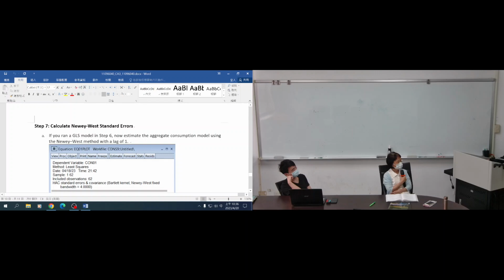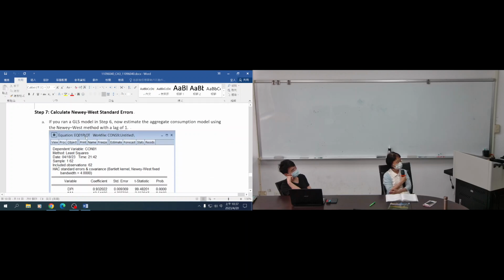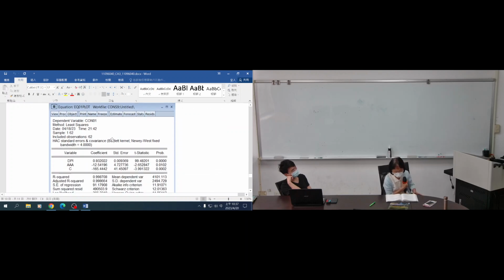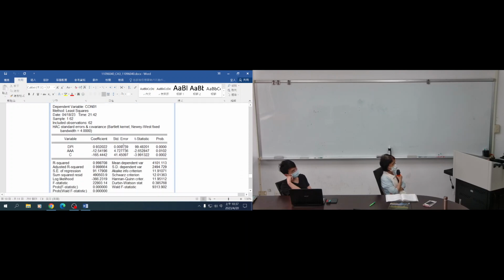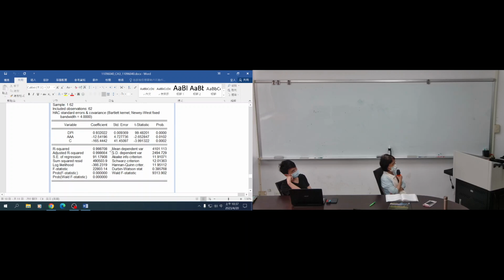And for step 7, calculate the Newey-West standard errors. I ran the Newey-West method with a lag of 1, and I got this result.